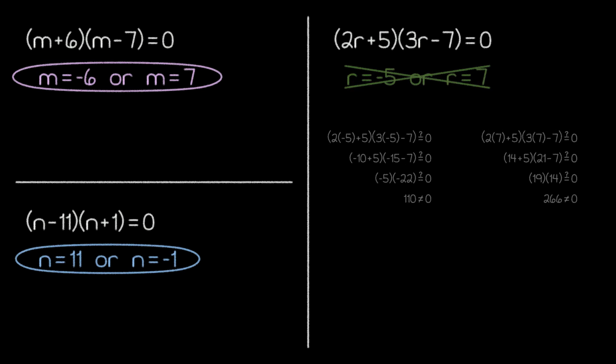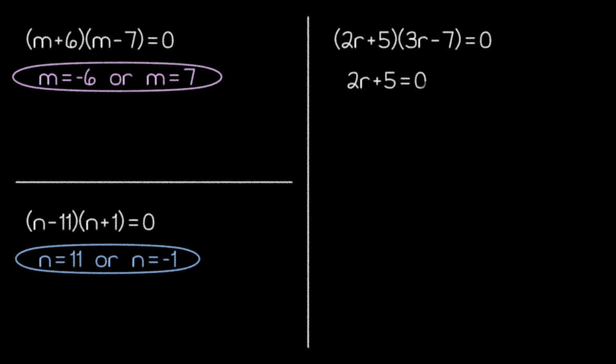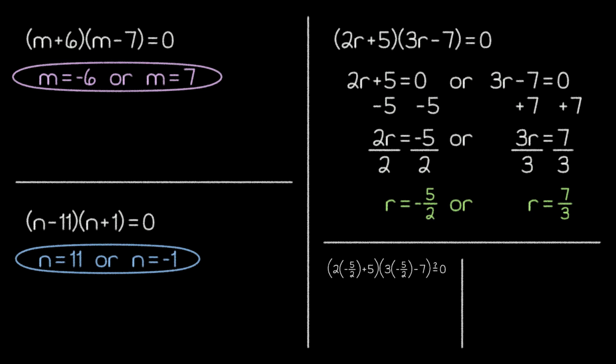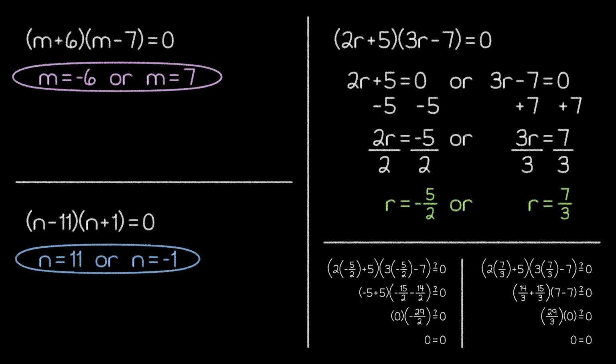Instead, we need to follow our process by setting each factor equal to 0. Once we do that, we can see that we have two-step equations to solve rather than one-step equations, which will give us solutions of -5/2 and +7/3. Just for good measure, we'll plug these solutions into our original equation, and eventually we'll see that these are both valid solutions.